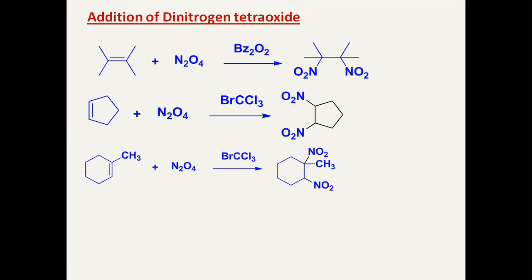So a variety of examples can be discussed to understand the mechanism or fate of free radical induced reactions. Now see, the trans product is stable. In this case, the trans product is more stable.